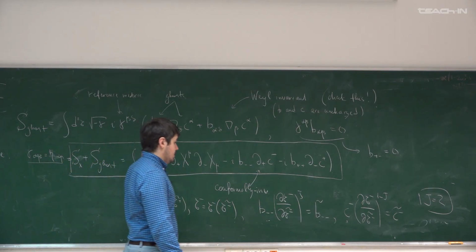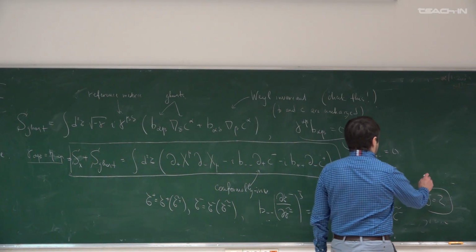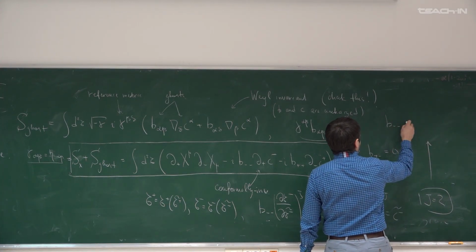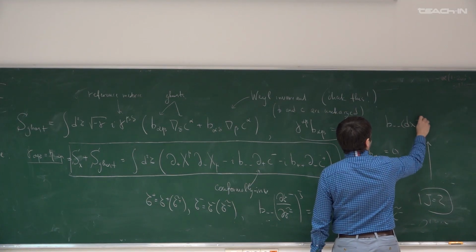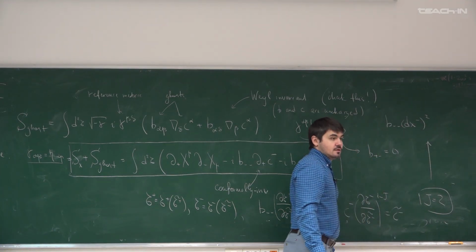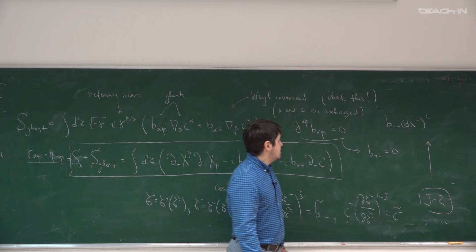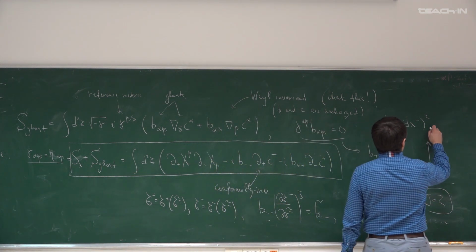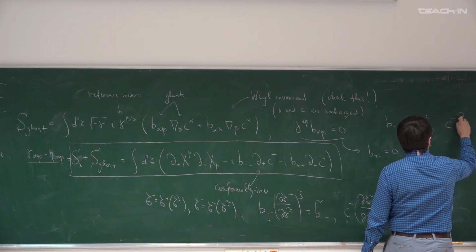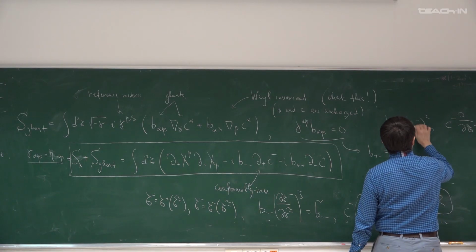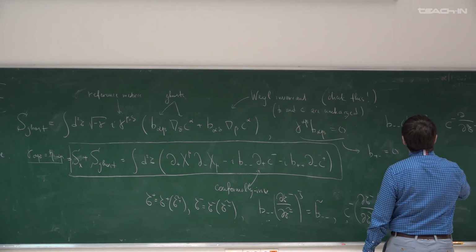That means that B minus minus d sigma minus squared transforms as a tensor of rank 2. And C minus is a vector. Sorry, this should be sigma minus.